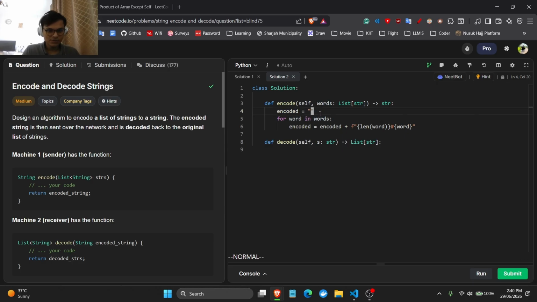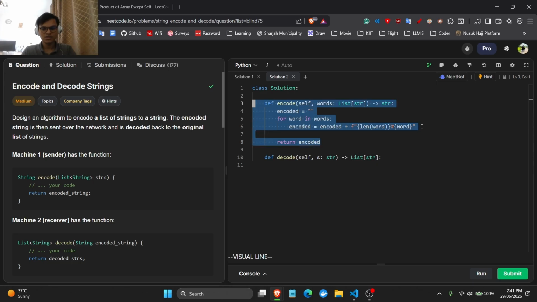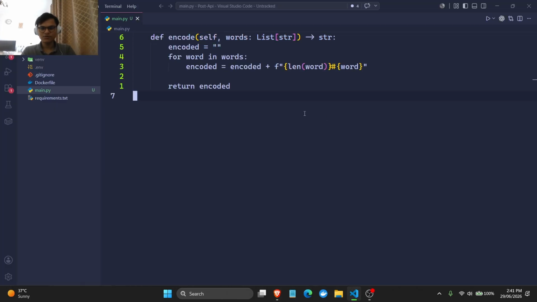For word in words, encoded is equal to encoded plus an f-string of the length of the word, the pound, and the word. Then we will return encoded. Just to see if this works. I know this will work.